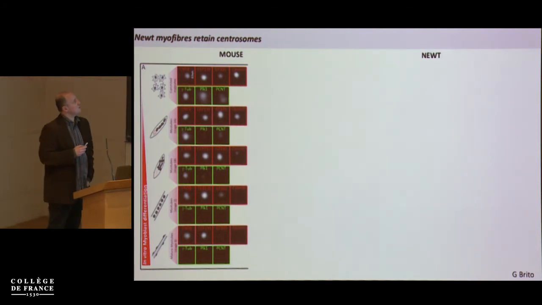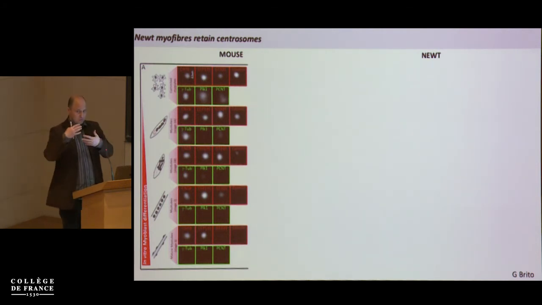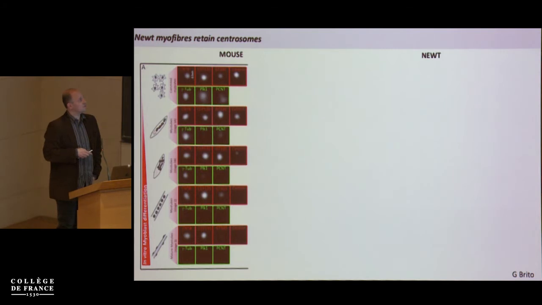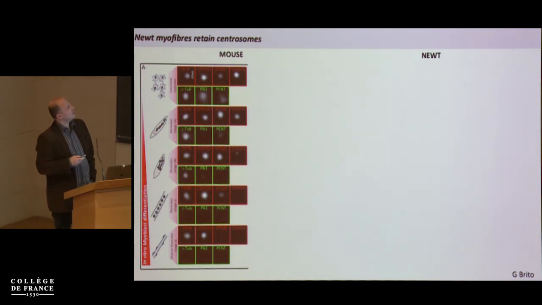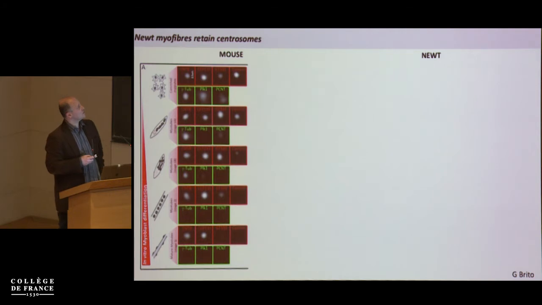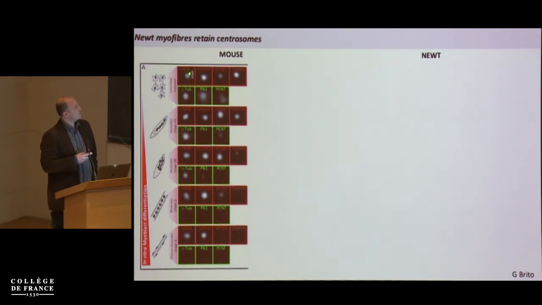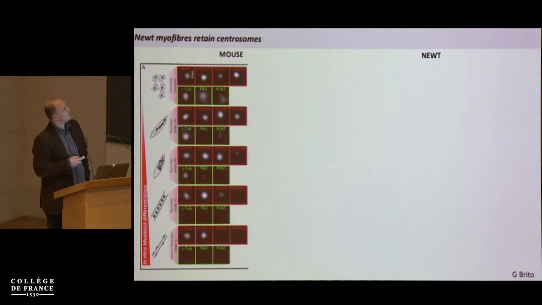And what we have seen, which was quite surprising, is that there is a difference in the retention of centrosomes. Centrosomes are very important for cell division. On this side of the panel, you can see in vitro generated muscle cells, and along differentiation, they gradually lose centrosomal markers.